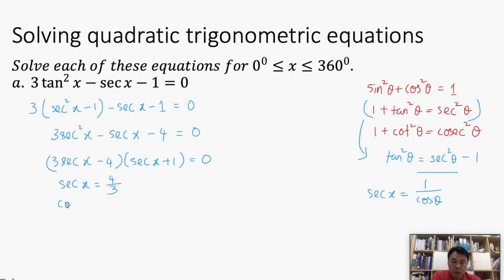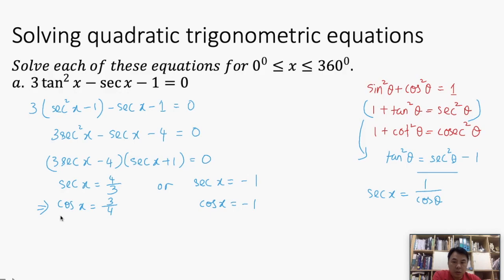I can write this as cos x equal to 3 over 4, which is easier to use. Or secant x is equal to negative 1, which means cos x is equal to negative 1, which is the same.